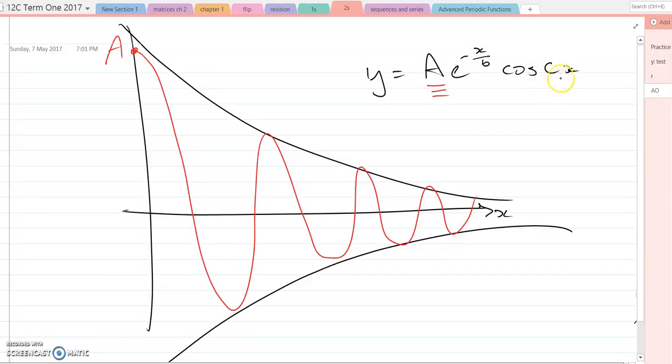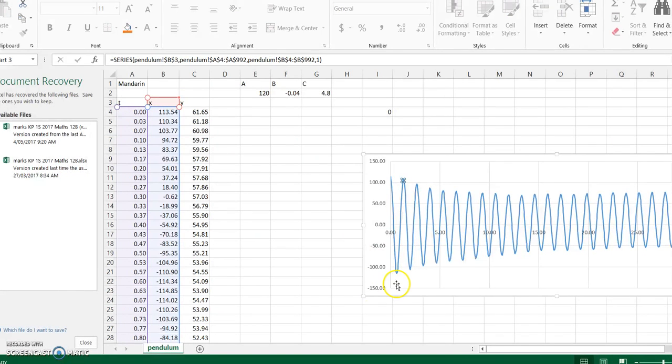And the C, which is a different letter than we're used to using, is 2 pi over the period. So we can have a look at mine here and have a guess. You can look at the graph and estimate: one period is about 1? I'm fitting about 5 periods up to 5.